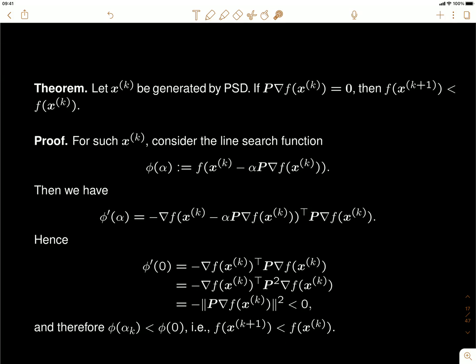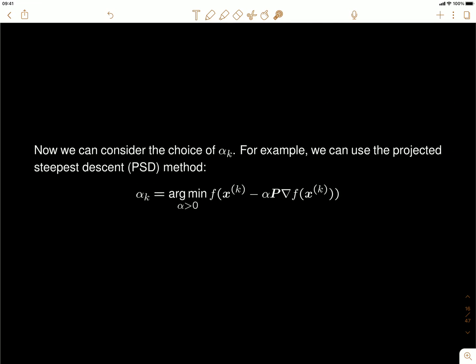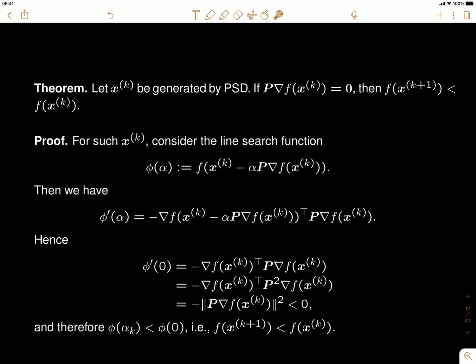Okay. So now let's summarize a property of the projected gradient descent method. It says that if we generate this xk by the projected steepest descent method, as we did here, we search for alpha k to be the minimizer of the line search function.